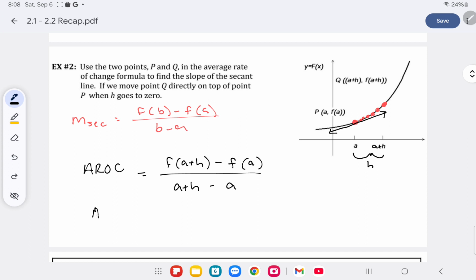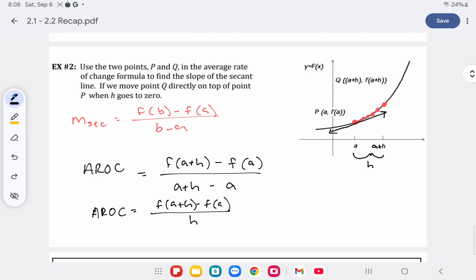And I could simplify this a little bit further: in the denominator, the A and the negative A cancel out, and we're just left with H. So that's finding the average rate of change between 2 points where that H is just a little tiny amount.